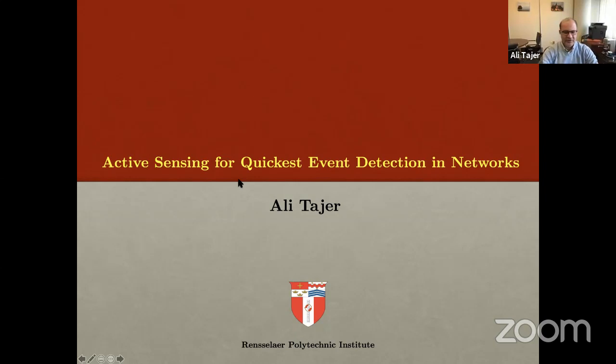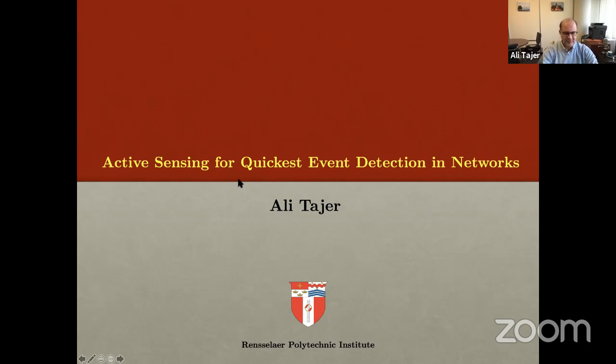All right, thanks. So I'll just quickly go over a couple of things. The common theme in what I'm going to talk about is looking at networks which undergo potentially anomalous behavior. And when the anomalous behavior happens, we want to detect it with minimal delay after the anomaly has happened. So this relates to a couple of notions, specifically quickest detection theory and the notions of active sensing in networks.